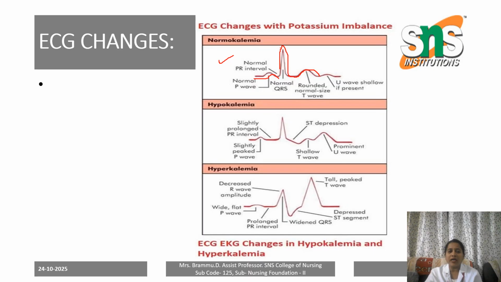So in case of hypokalemia, you can see the P wave is slightly peaked, away from the normal isoelectric line. And there is a prolonged PR interval, followed by a shallow T wave which is not round, and there is a prominent U wave.